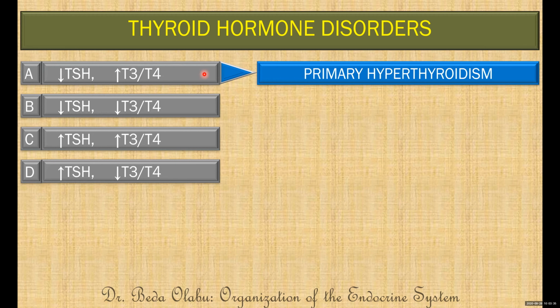Let's think through these two. Why did we say this is primary hyperthyroidism? Because the T3 and T4 are elevated. So in the first one, T3 and T4 are elevated, so hyperthyroidism. Why did we call it primary?